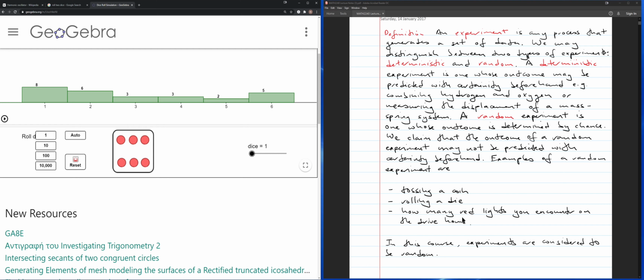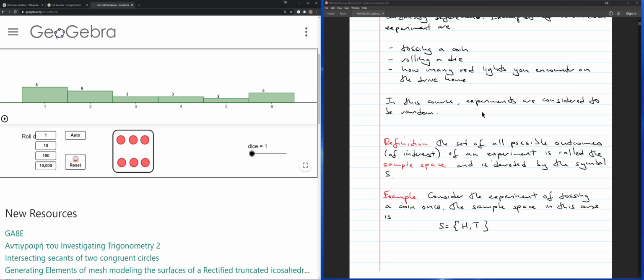The next day, you could encounter 5 red lights. Obviously, there's going to be a range, because there are only so many intersections you'll be passing through on your normal way home. So you'd be able to list all the set of possible outcomes for this random experiment.